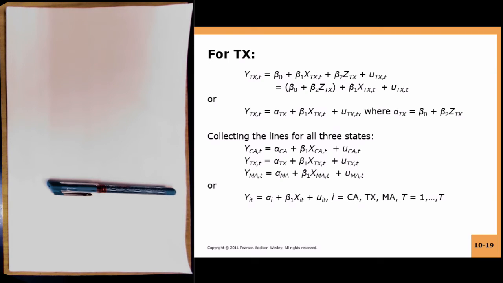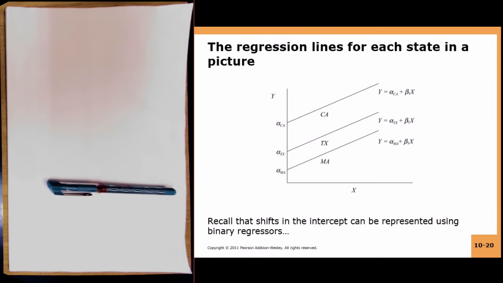Let us look at how this would look if we plotted the 3 regression lines. The regression lines for each state, if you plot them, will look like 3 parallel lines, and they have different intercepts.